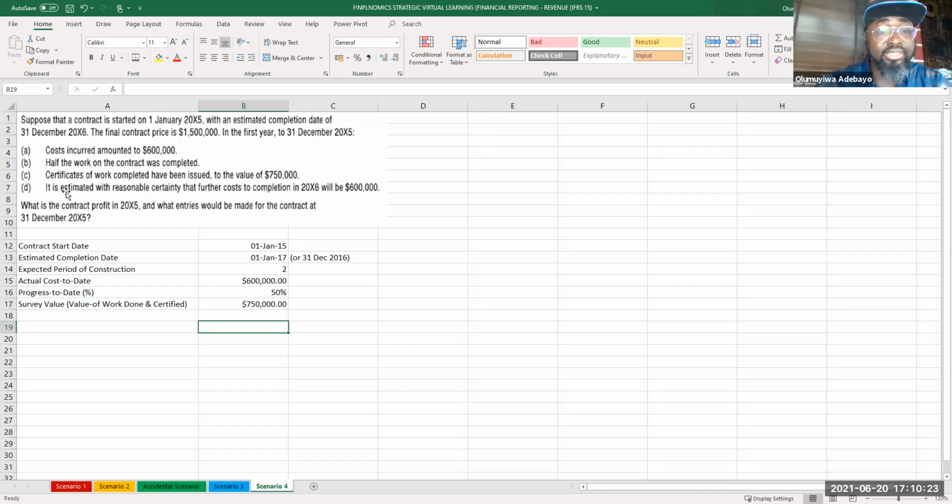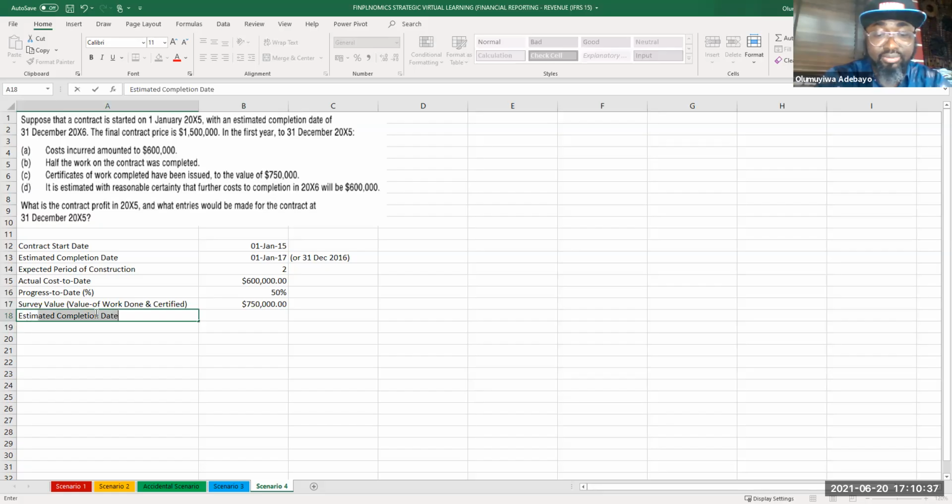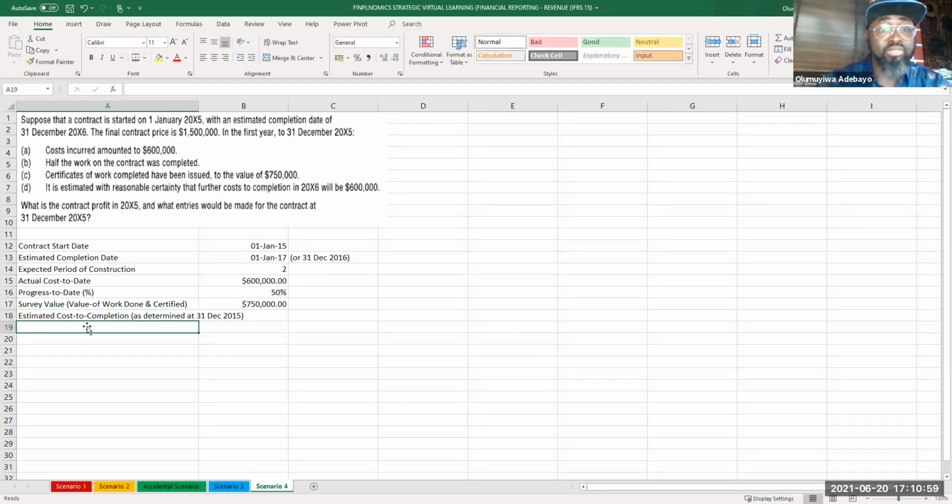Now, it is estimated with reasonable certainty that further cost to completion in 2016, 600, which means estimated cost to completion as determined at 31st December 2015. Remember, this date, 2015, was when this assessment is done.